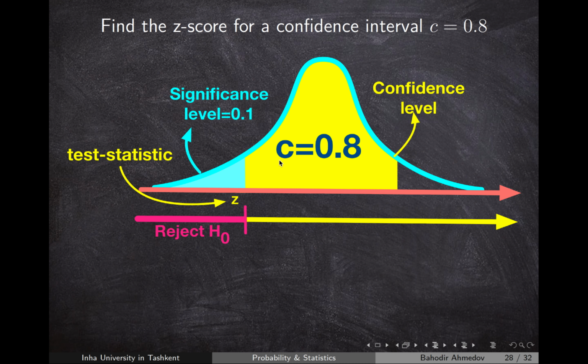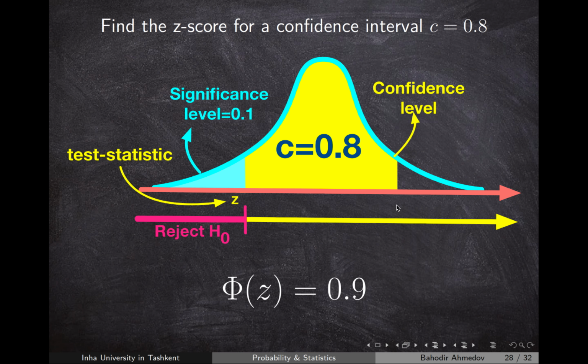So if I would like to find the value of the minus z or z, so that the area between minus z and z is going to be 0.8, I need to find the value of the z so that the area until this minus z is going to be 0.1, right? Or I need to find the value of the z so that the area until this value of the z is going to be 0.9.